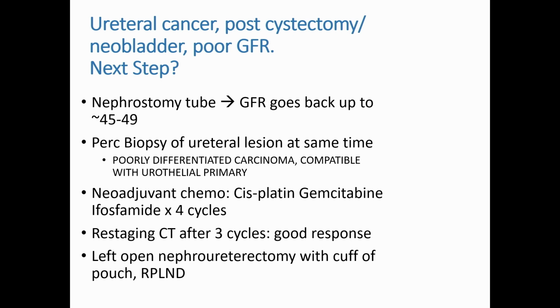And quite honestly, these days with enhanced recovery pathways and regional blocks, I have no qualms about doing the case open if I feel like I'm going to do a better surgery that way. The benefit of long-term outcome trumps any of the short-term benefits from MIS, which is my opinion. Not everybody may agree with it.